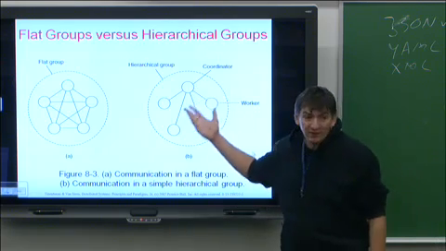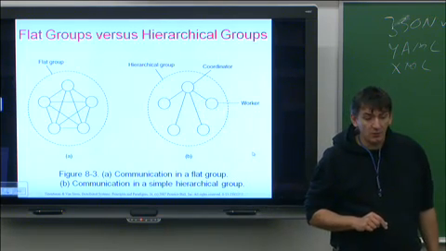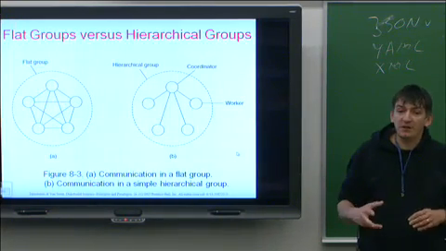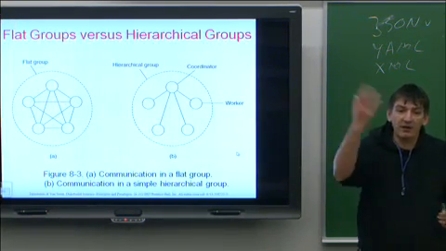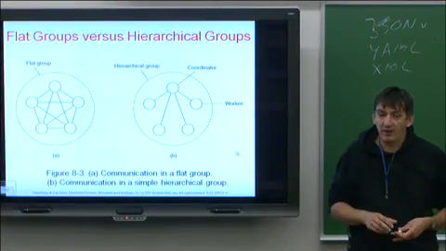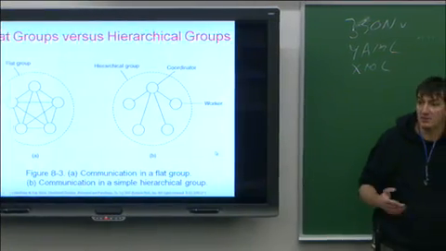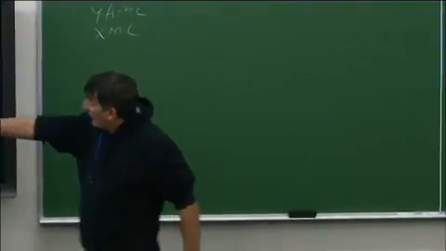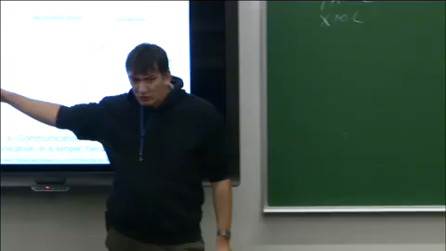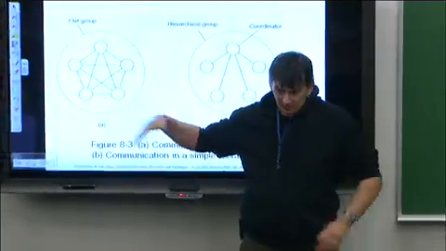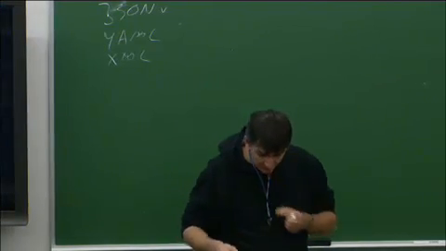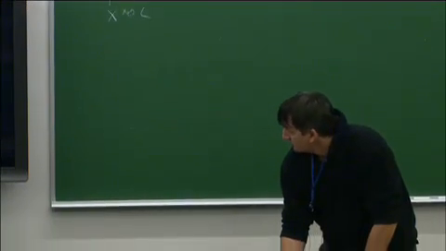But the coordinator, if it's still working, is going to be the primary point of contact and relay messages higher up in the group and so on. And that will significantly cut down on a number of messages that have to be sent around. Okay. For flat groups, you cannot hope to grow them more than a couple of hundred nodes. I mean, literally the number of messages that have to be sent is overwhelmingly large. Okay. All right.